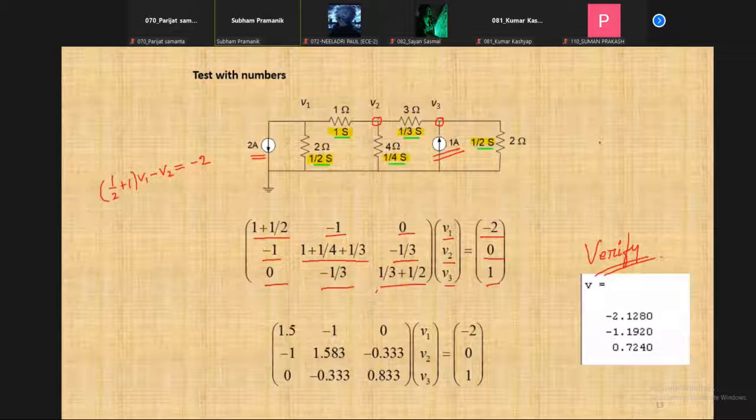That dependent source doesn't have its own voltage or current; rather its value depends on some other voltage and current occurring somewhere else. So how to deal with those problems?